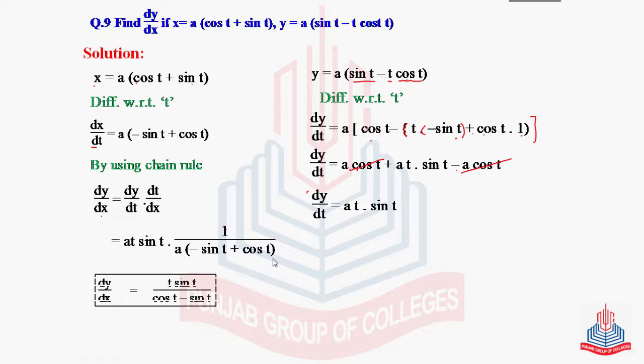So finally we have dy by dx, a will be cancelled out, numerator will become t sin of t, and in the denominator cos of t minus sin of t, which is the required dy by dx.